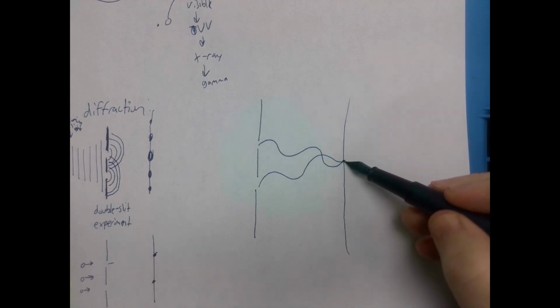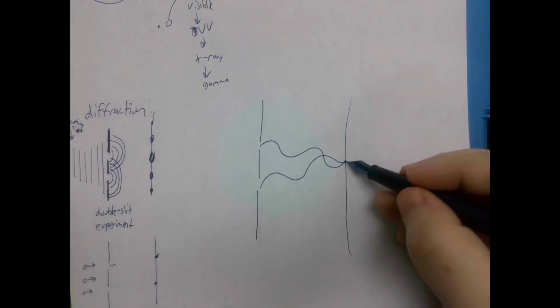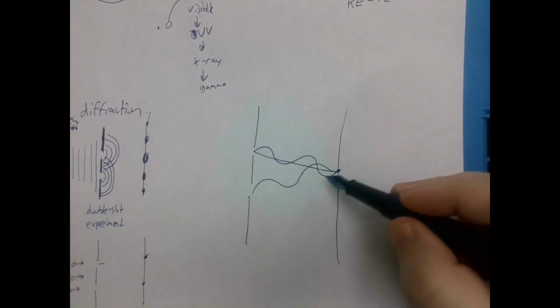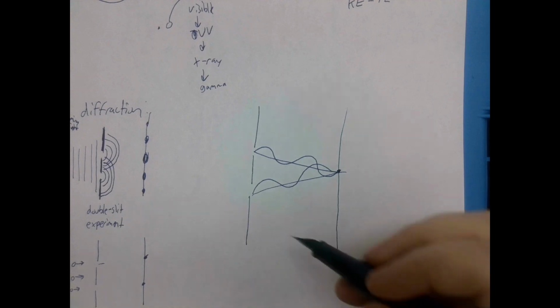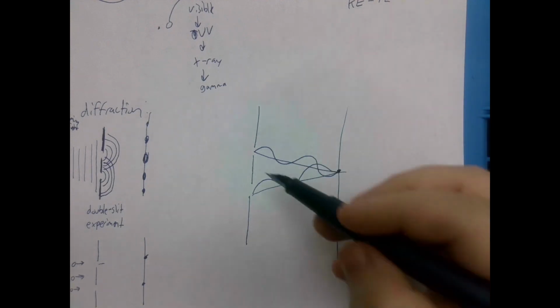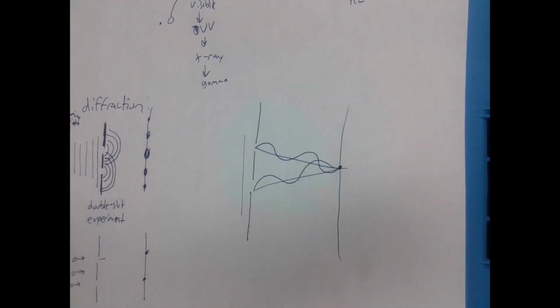So I have two troughs hitting the same point at the same time. That means they're going to constructively interfere. The amplitude's going to go up, so we get a bright spot. It's traveling the same distance, right? So this light traveled the same distance, so they should meet up at the same point. As soon as a crest hits this point, we should see that it should continue to propagate.